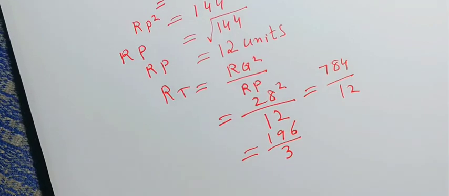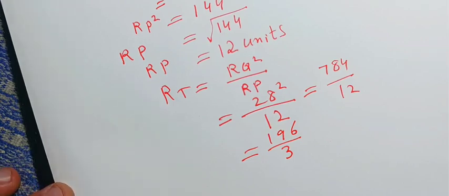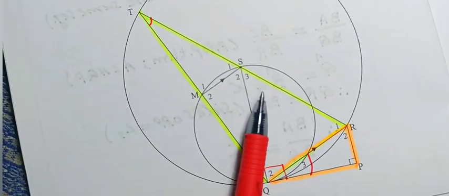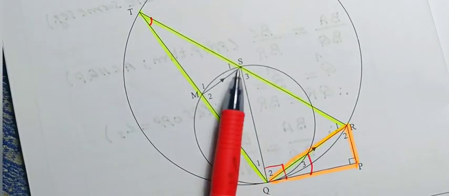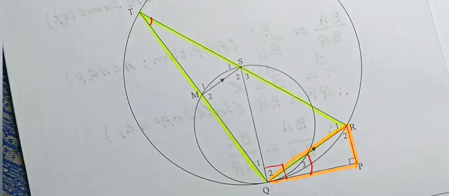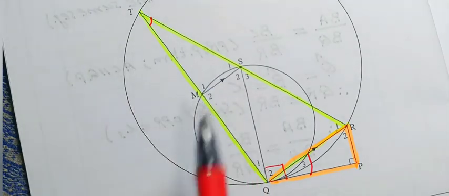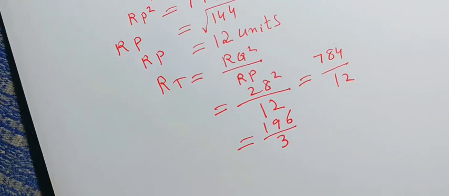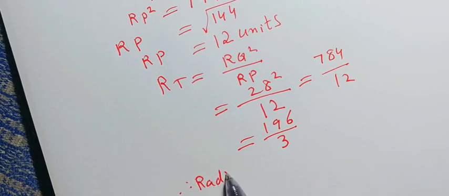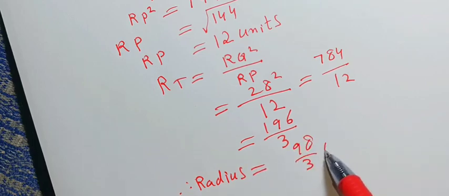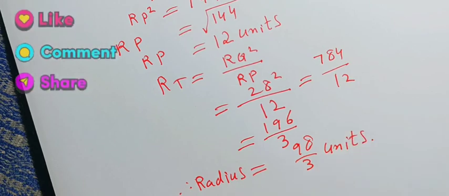This is the whole RT. If you want the radius, SR or ST same thing, the diameter you divide by 2 and that's going to be the radius. So we divide by 2, therefore the radius is equal to 98 over 3 units. This is my final answer.